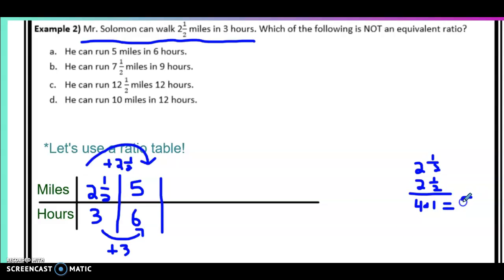Okay, so then again, we're adding another 3 down here. And up here, we are going to be adding another 2.5.